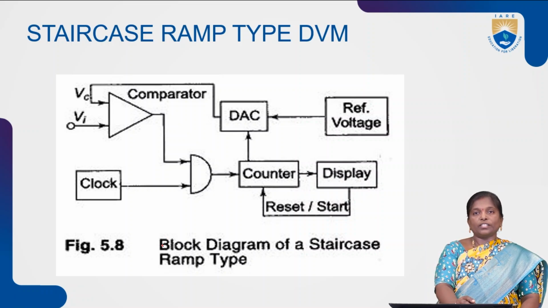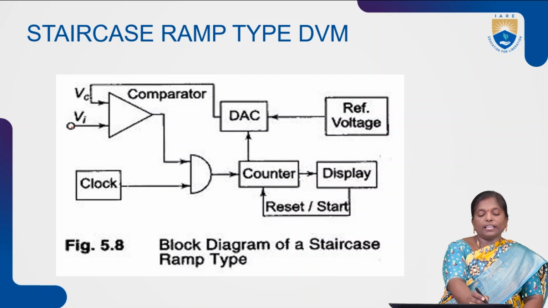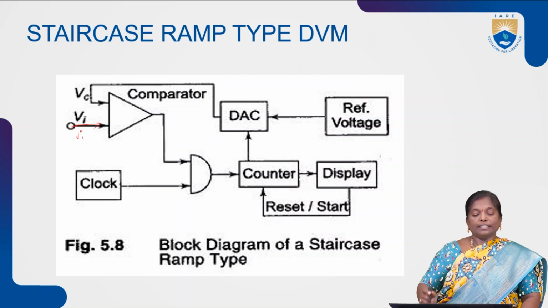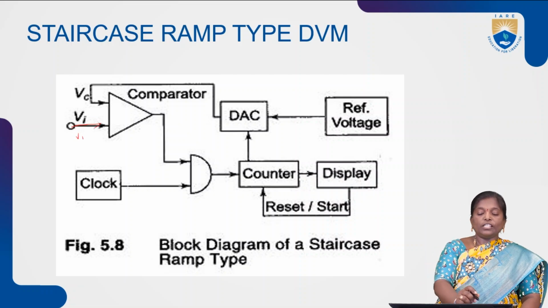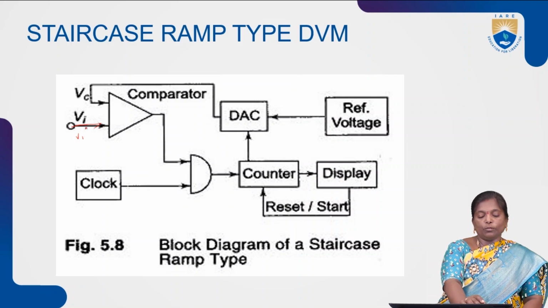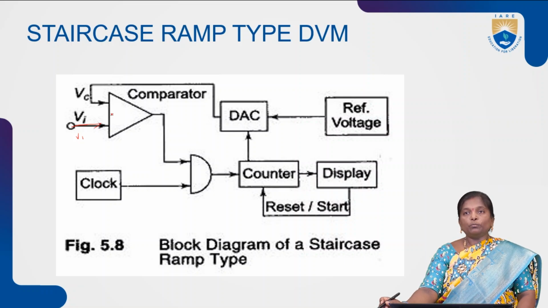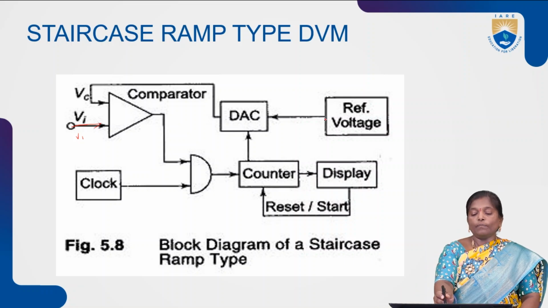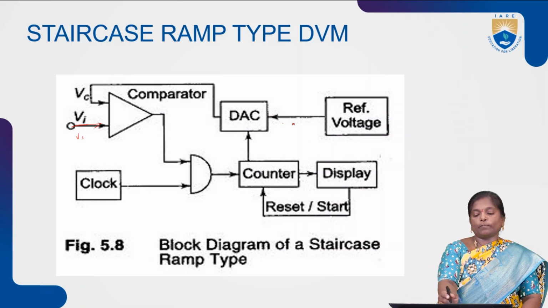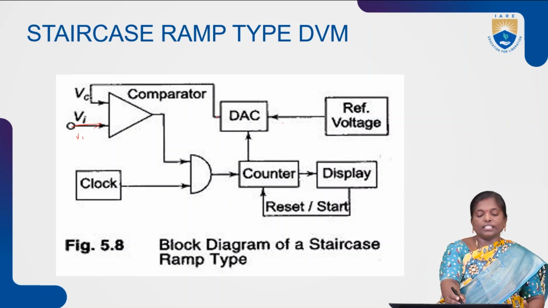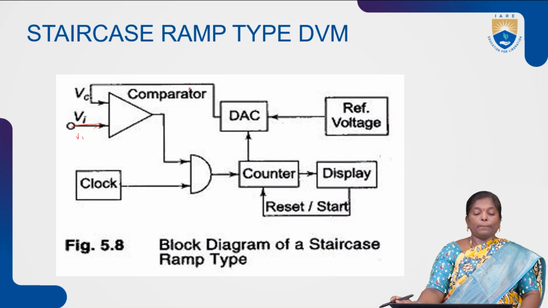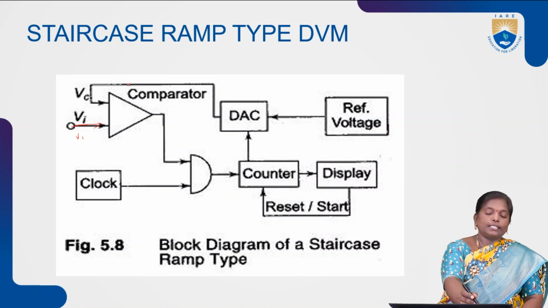Whenever we start the operation, we apply the input voltage VI to the comparator. At the same time, the other input we apply to the comparator is the reference voltage, which is converted into analog and given to the comparator as the other input.